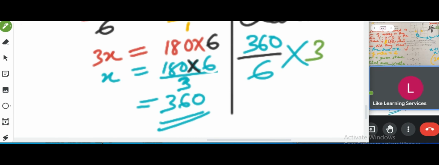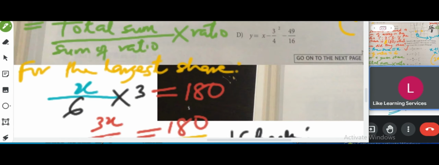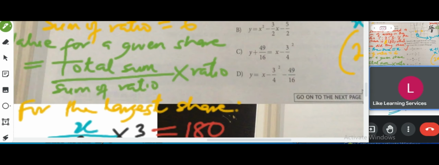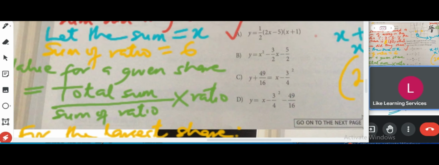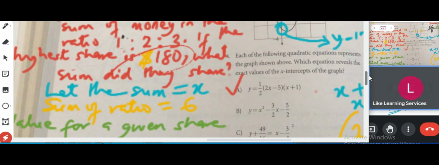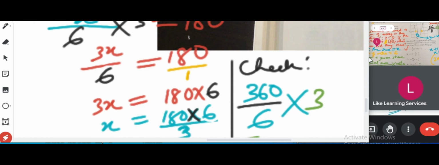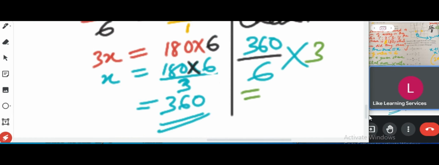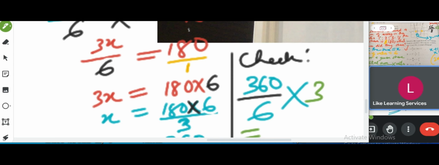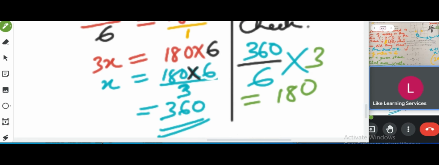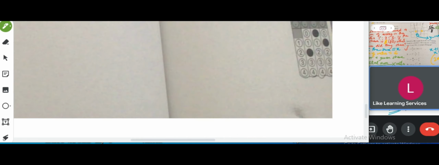And you see that it will actually give you that value that was given for it, which is 180. Just a quick check. That will give you 180. Okay, I think we need to go to another question. Let's move to another question.